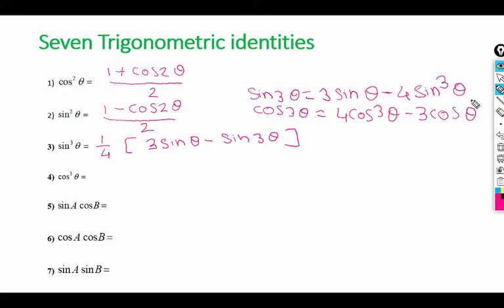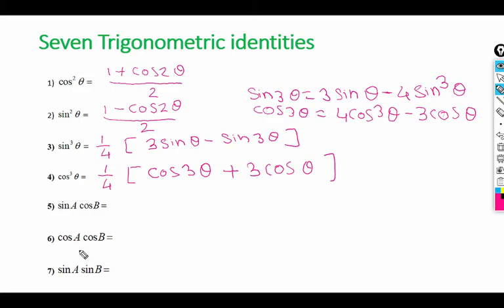Because of that we have the formula for cos cube theta as 1 by 4 times cos 3 theta plus 3 cos theta. So that is the formula for cos cube theta.